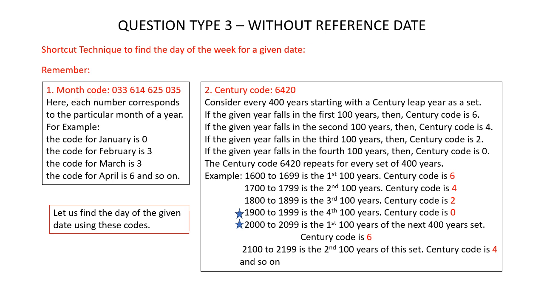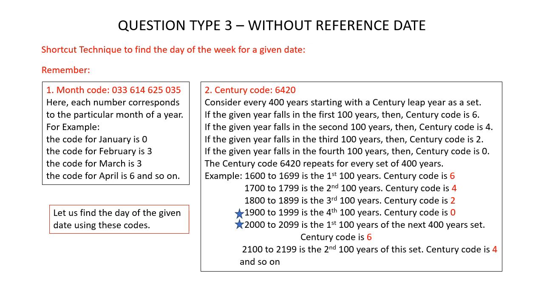First look at the month code 033-614-625-035. Here each number corresponds to a particular month of the year. For example, the first number in the month code is 0. So 0 is the code for the first month of the year, which is January.